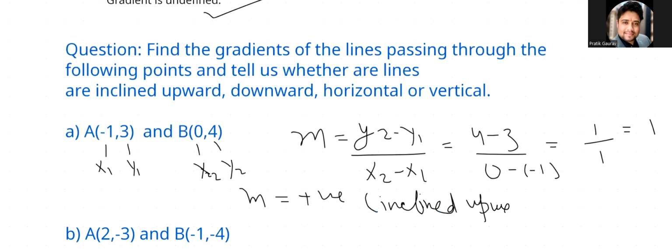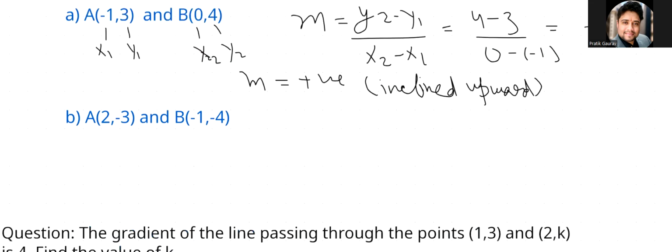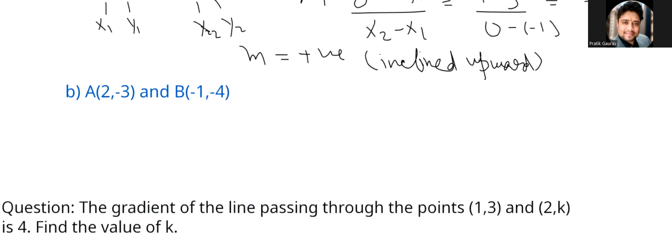Now let's come to the second question. A is (2, -3) and B is (-1, -4). Here let us take x1, y1, x2, and y2. Gradient is y2 minus y1 divided by x2 minus x1.